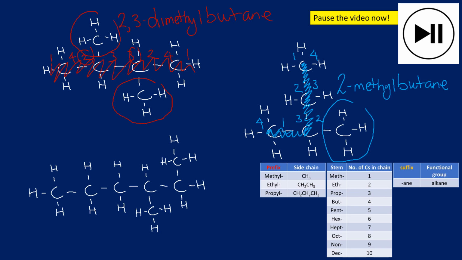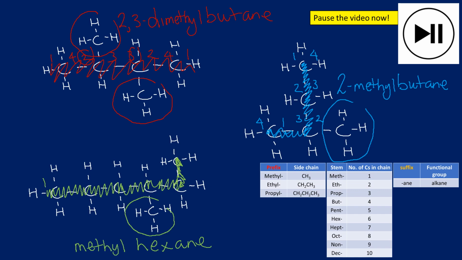Final example then, or last question down the bottom here. 1, 2, 3, 4, 5, and be careful, this one at the top is also part of the chain. It's tempting here to stop at 5, but actually the chain continues up on the top. So this is hexane. And there's a methyl group on the hexane, so it's methyl hexane.